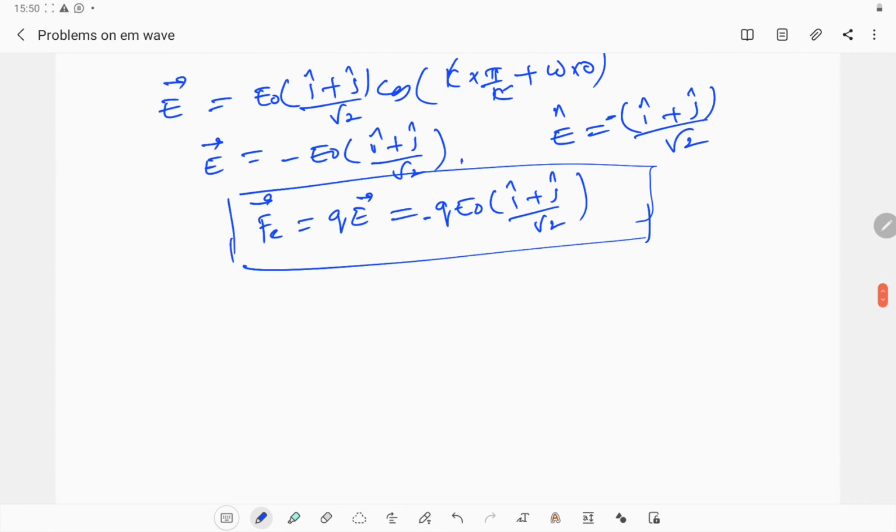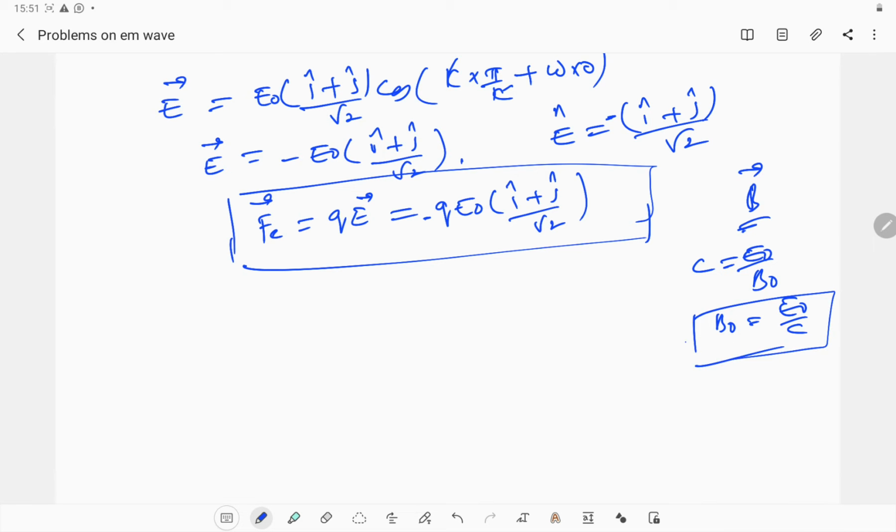Then I have to find out the force due to the magnetic field. First I have to find the magnetic field vector B bar. Before that, what is its amplitude? That amplitude is B naught. Here c = E naught by B naught, therefore B naught = E naught by c.